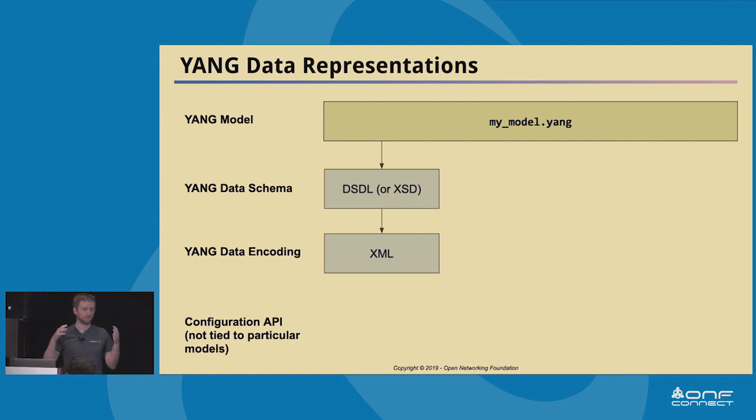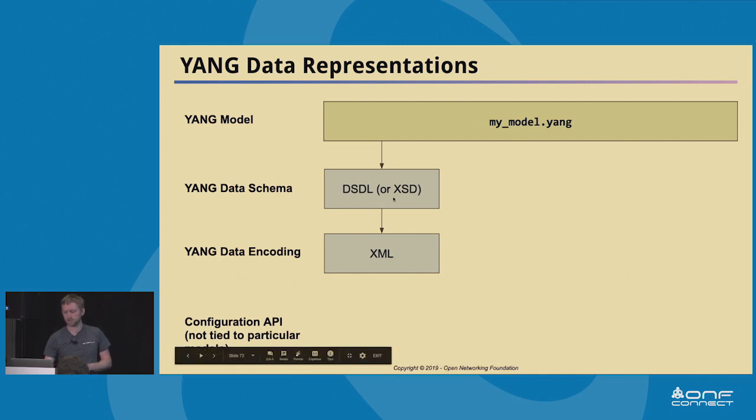These are programmatic descriptions of how a schema should look and what the constraints on that schema are. So we get a schema from our YANG compiler. Then using that schema, we can also generate data that adheres to the schema. In this case, from a DSDL description or an XSD description, we can generate XML code that adheres to our YANG model.